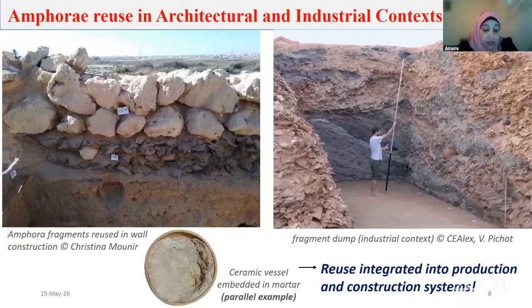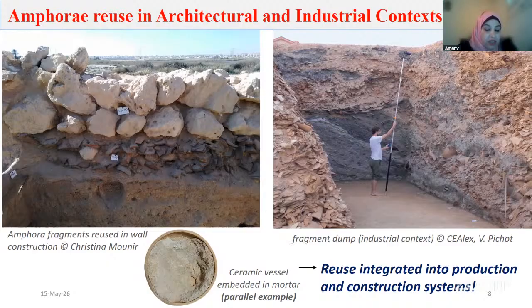Amphora were also reused in architectural and industrial contexts, often as raw material in construction. We find them in walls and in construction fills. In some cases, they were also reused as containers for mortar.